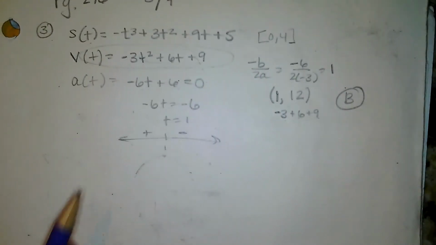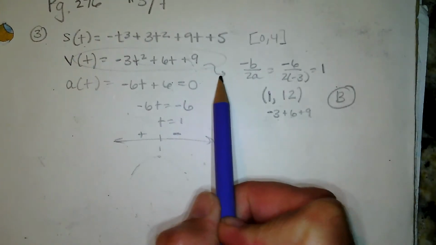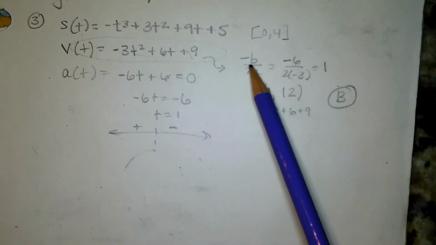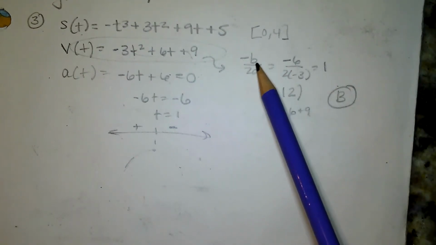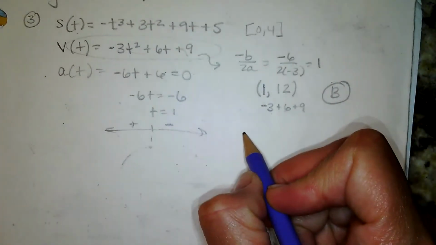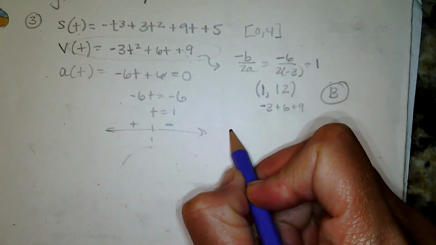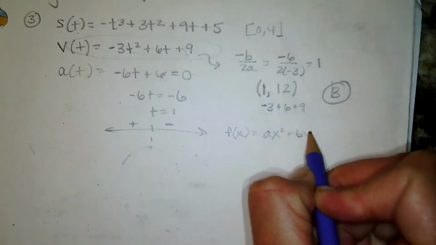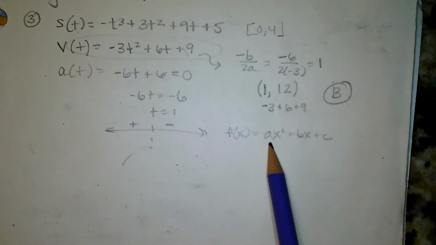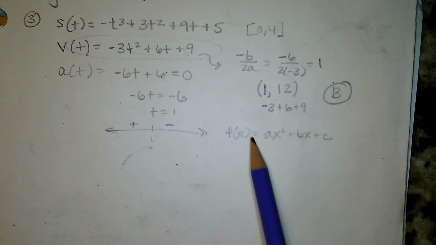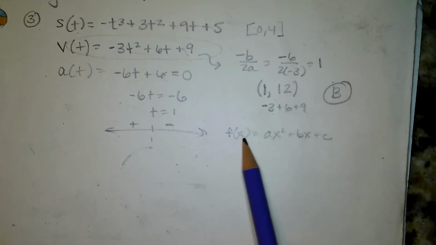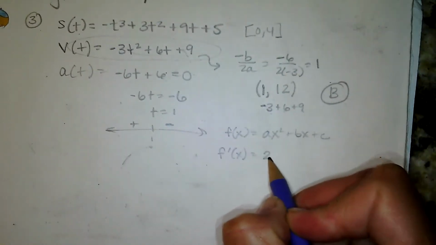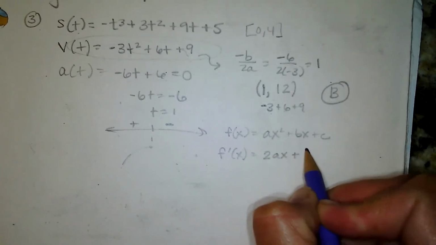One thing that I never showed you guys, and in light of this vertex, I will now. We were told in Algebra 1, hey guys, if you want to find the vertex, just do negative b over 2a for a quadratic. Well, the reason for that is that if your function is ax squared plus bx plus c, that's your quadratic format, the derivative of that is 2ax plus b.